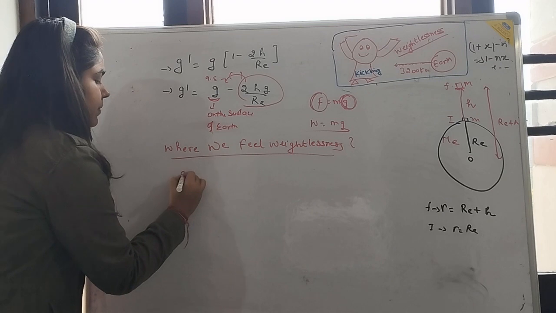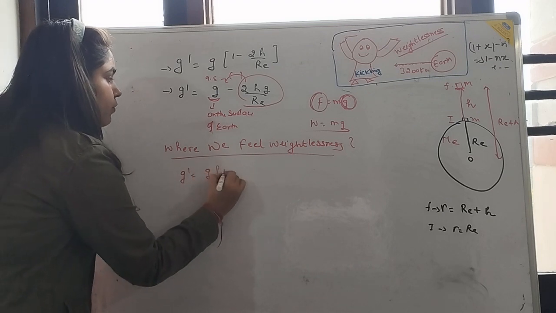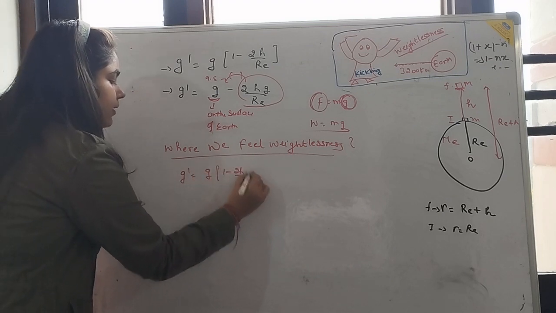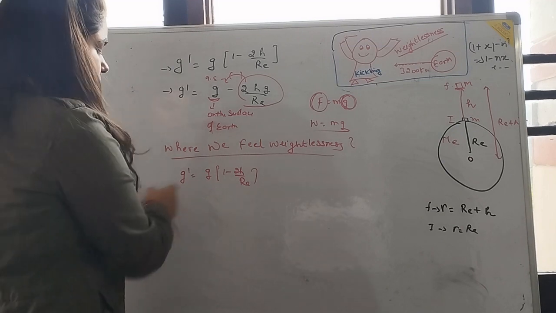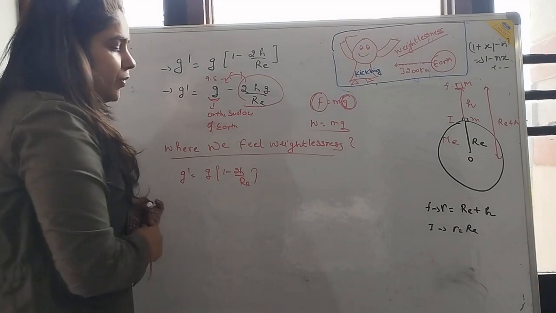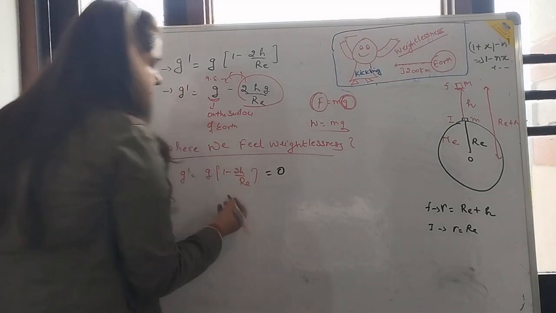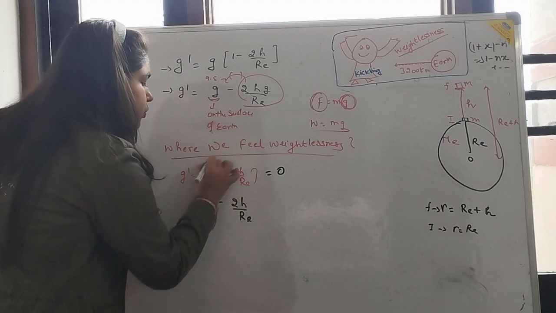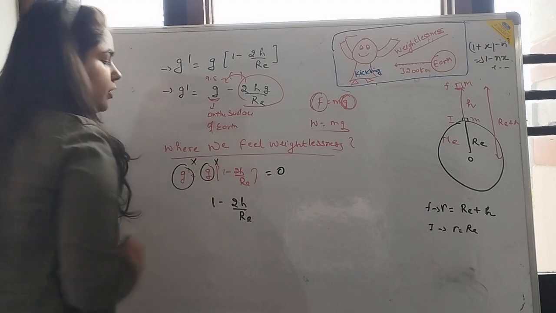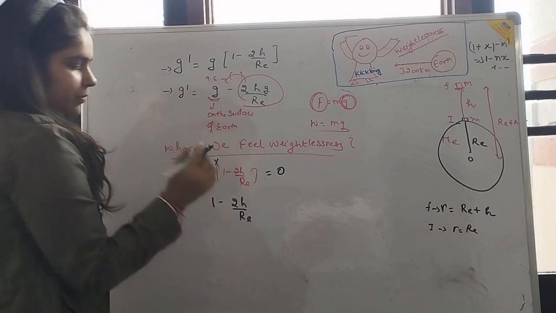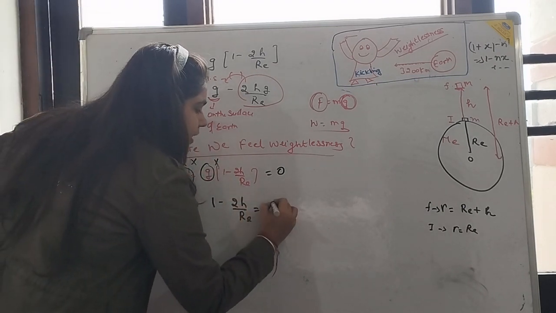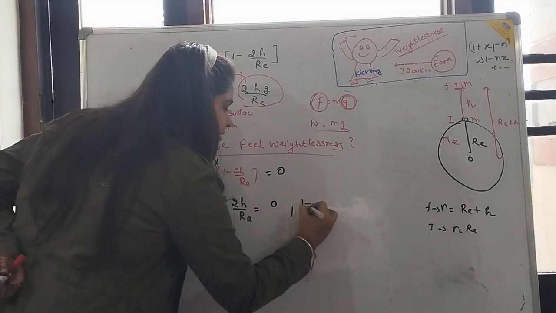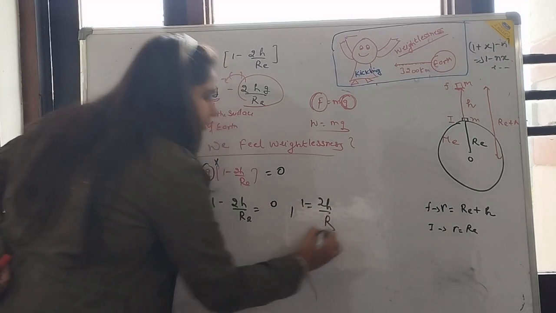See this: g prime is equal to g (1 minus 2h by R). This source of attraction is going to be 0. This term g is not going to be 0, so the term 1 minus 2h upon R should be 0. 1 minus 2h upon R is equal to 0, then 1 is equal to 2h upon R.